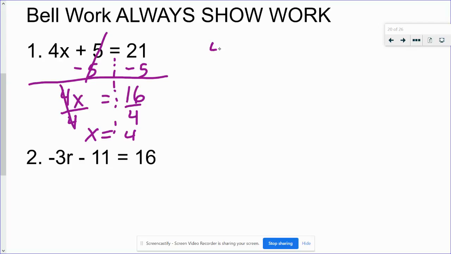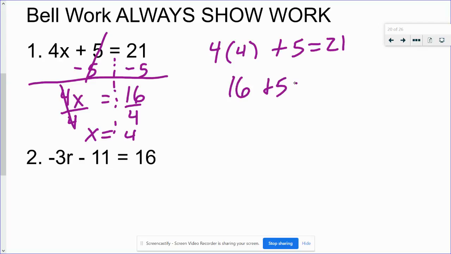Remember, you are not changing anything other than the variable. You do not change it so that your answer works, because then it's not really checking your answer. All right, so 4 times 4 is 16, plus 5 equals 21, and 21 equals 21. And we are good. Okay?